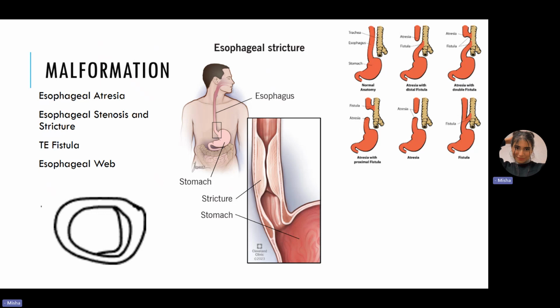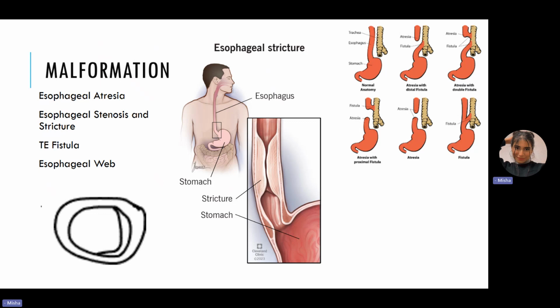The postnatal features in this kid would be inability to feed. They would be vomiting, choking, as well as drooling in the case of the atresias. So it's kind of like an incomplete blockade due to the fibrous thickening of the walls.